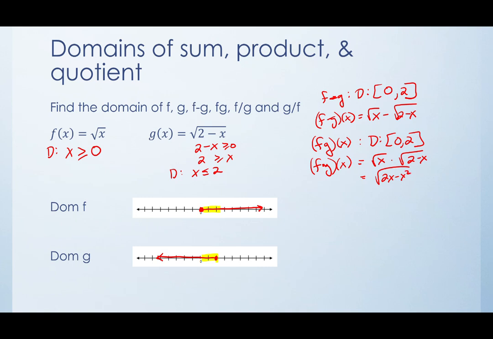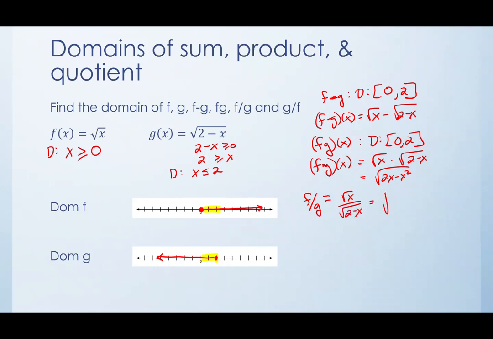Okay. Now, what about f over g? So here, the question is, is there anywhere where g is going to equal 0? Yes. It's going to equal 0 when x is equal to 2, right? So our function would be square root of x over square root of 2 minus x.